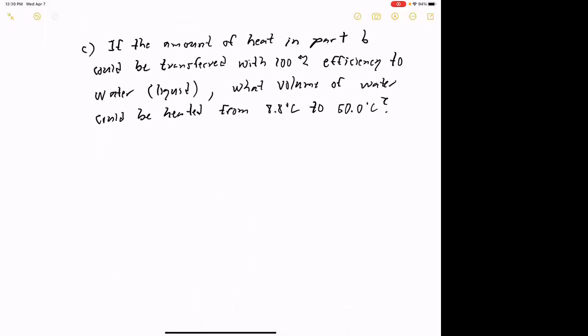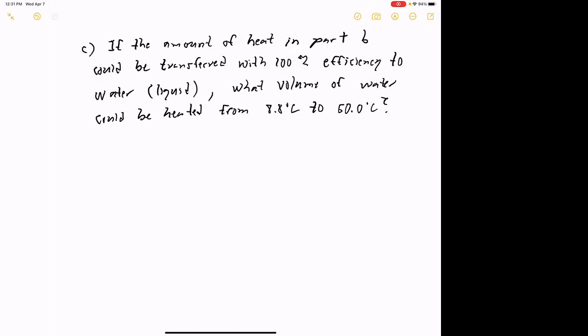Part C says if the amount of heat that we got from part B could be transferred with 100% efficiency to water, liquid water, what volume of water could be heated from 8.8 degrees Celsius to 60 degrees Celsius? Okay, so what are we really talking about here? Well, this is kind of like a calorimetry problem, isn't it? Where we're basically heating up water and the water is absorbing that heat, and that's going to cause a certain amount of the water to increase its temperature by a certain amount.